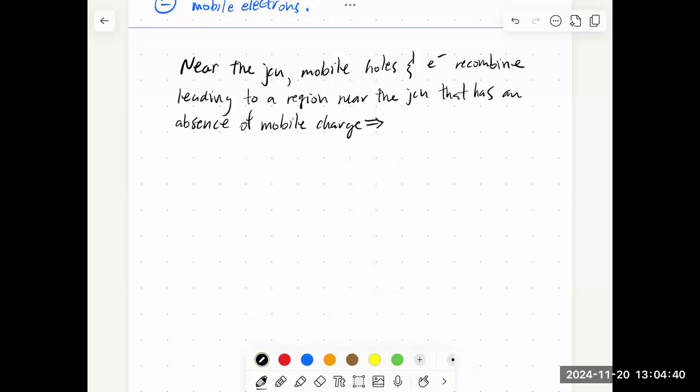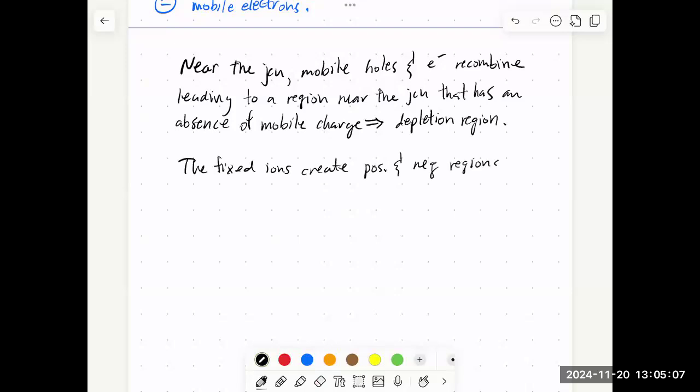And this is called the depletion region. Okay, so the fixed ions create, well, let's say create positive and negative regions on either side of the junction.